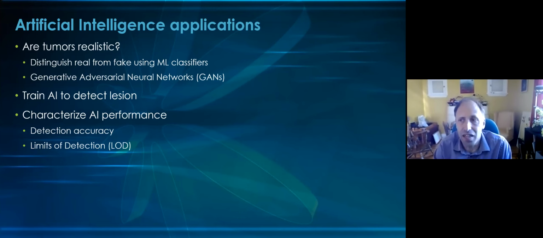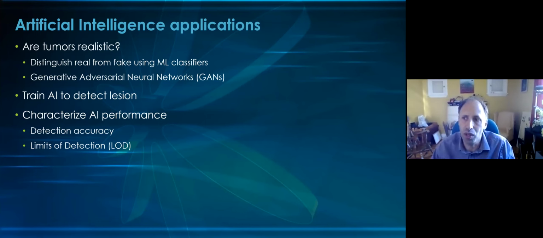And then finally, and this is, I think, where we could have the most impact with synthetic lesions, is can we use it to characterize AI performance? So you see a lot of work on, well, we trained AI and it's really good at detecting lesions, but those lesions are typically, the ground truth is human observers. So that means that by definition, these lesions are observable, they're often obvious lesions.